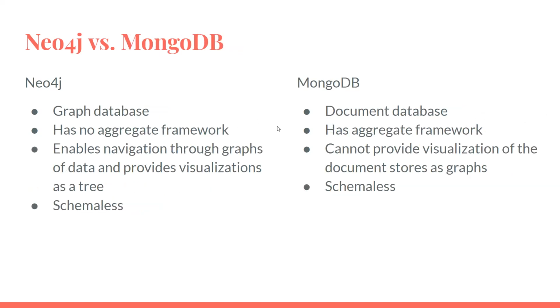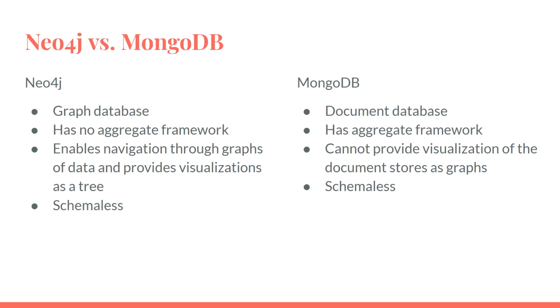Next is MongoDB, where Neo4j is a graph database. MongoDB has a different structure called a document database. Along with that, where Neo4j has no aggregate framework, MongoDB does have an aggregate framework, which is a pipeline framework used for transforming data.